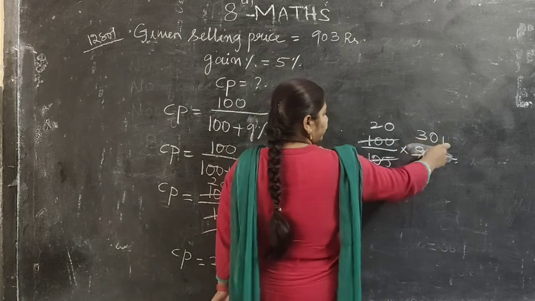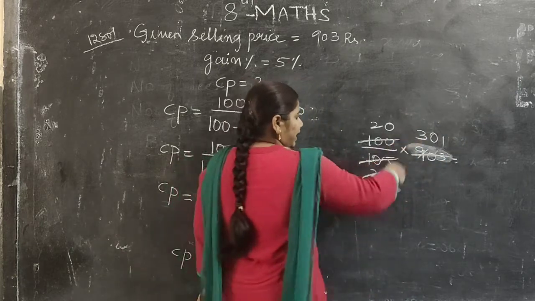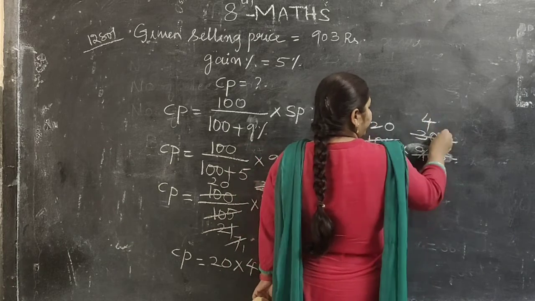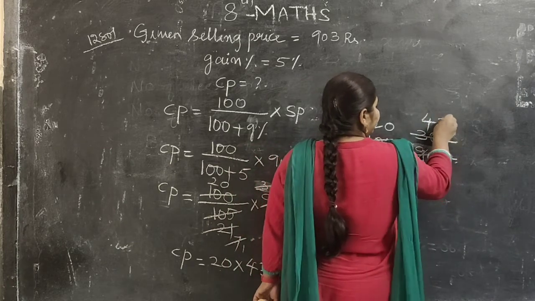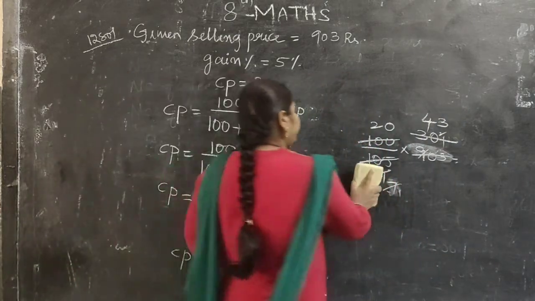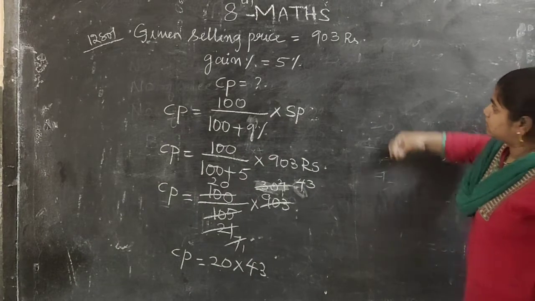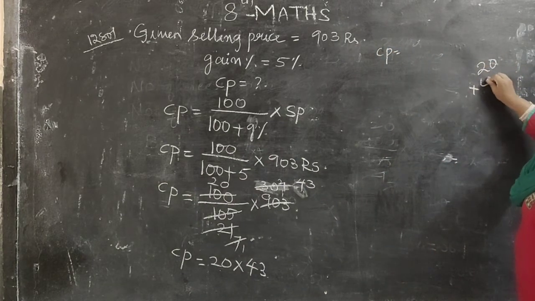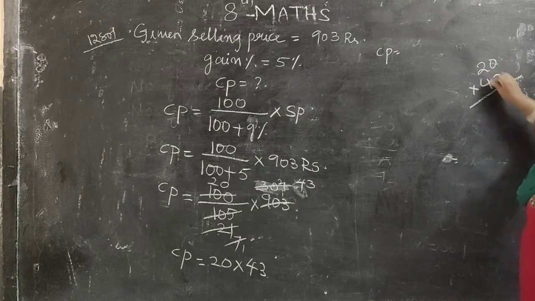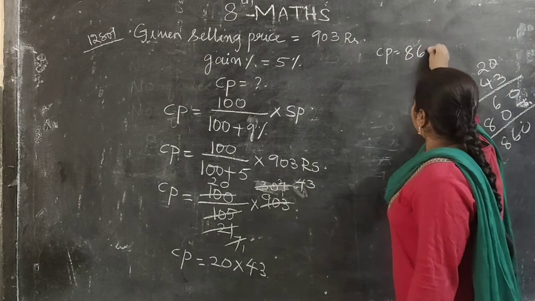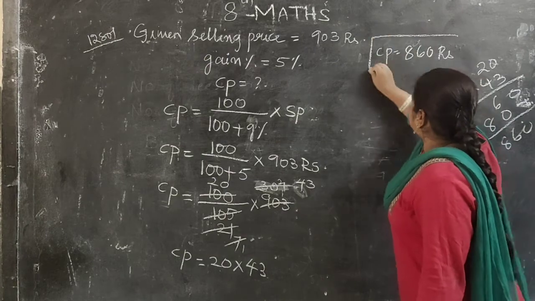Now I am cancelling in the 7 table. 7 ones are 7, 7 fours are 28, 2 will be remaining, 7 threes are 21. So what you got here? 20 into 43. So multiply this. CP is equal to 860. So what is the cost price here? Cost price is 860 rupees.